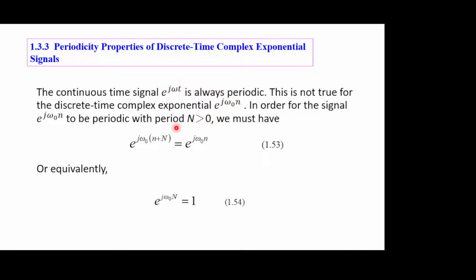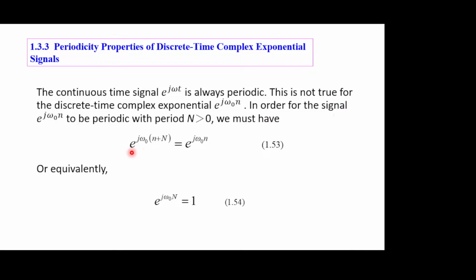But remember the period, this big N for a discrete signal, always needs to be an integer, but 2 pi divided by omega naught might not be an integer. So it can be not periodic for a lot of omega naught. And okay, that's a little misleading, but anyway, let's see the actual math.